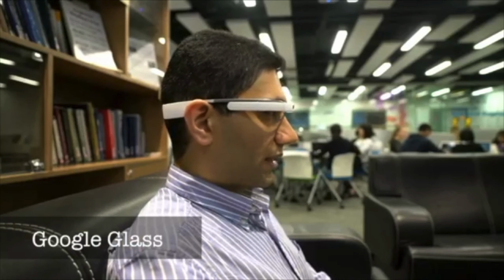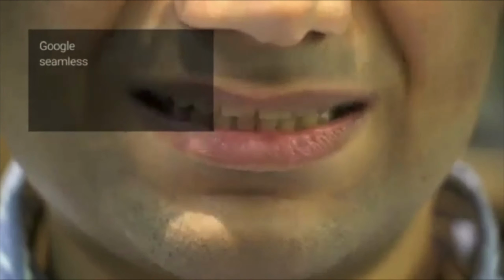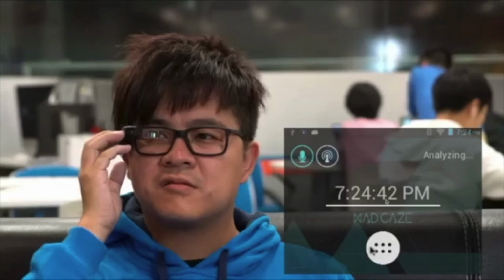So we have an introduction video here. This is the swipe-based operation on the card-based system on Google Glass, and it relies on voice commands. However, it cannot do some special word input.